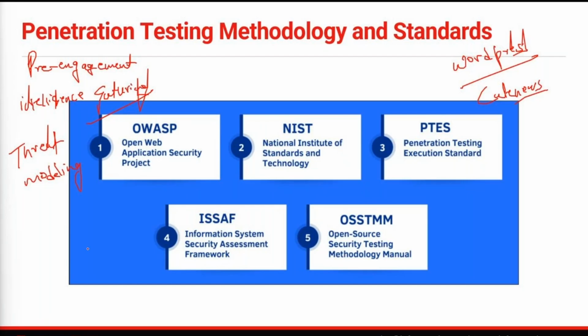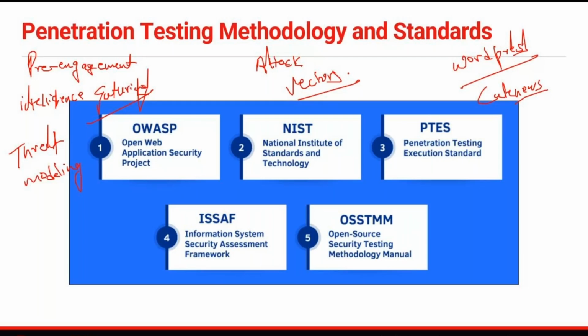So basically, threat modeling finds out the attack vectors. Attack vectors means the path or all the points where an attacker can attack, right? So basically, an attacker can attack in multiple places.